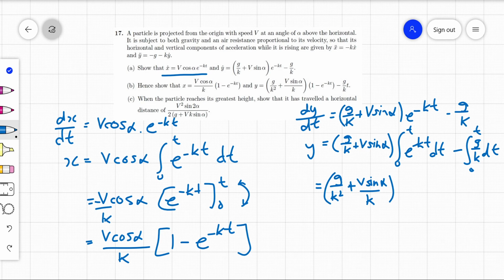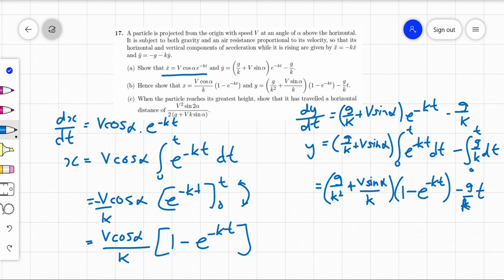And then I'm going to sub in 0 before t. So e to the 0, so 1, minus e to the minus kt. So that's the first one. Minus, here we've got g on k, and this one we're subbing in t first, so t minus 0, so t. And that is what we want, right? Yeah. Okay, so that's B.